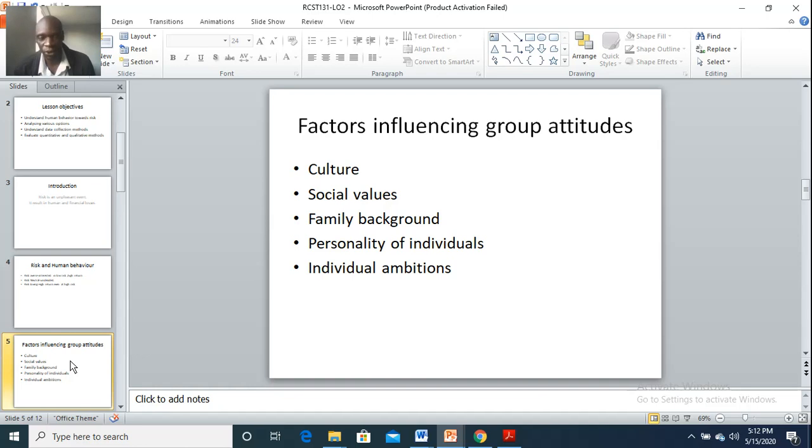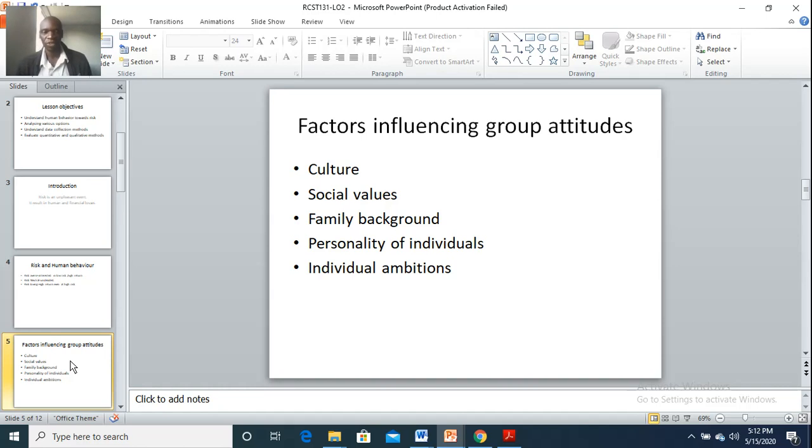Then social values. When we were brought up, some were brought up and encouraged that there is nothing without risk. Then you end up being a risk-loving person.